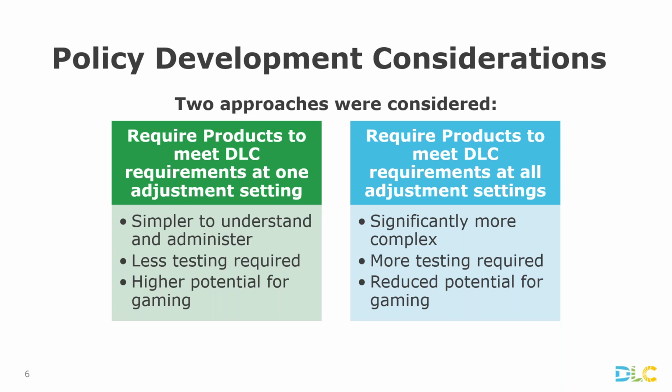We started with what's shown on the left in green, with an approach where we were requiring the products to meet the DLC requirements at 1 adjustment setting. We were really trying to develop a policy that didn't add a lot of testing burden and would be simple to understand. That's really what drove us to this initial policy proposal.